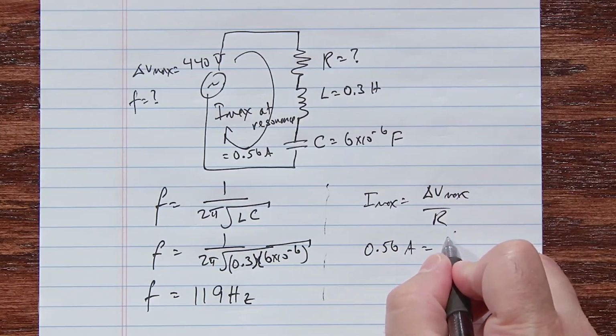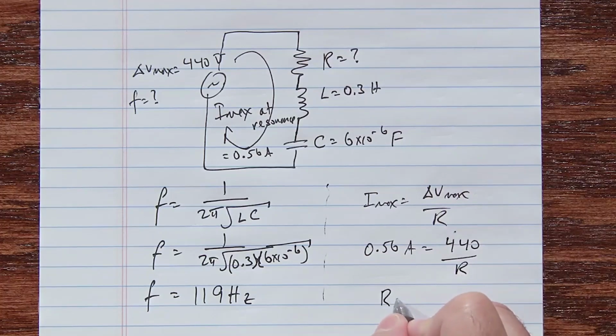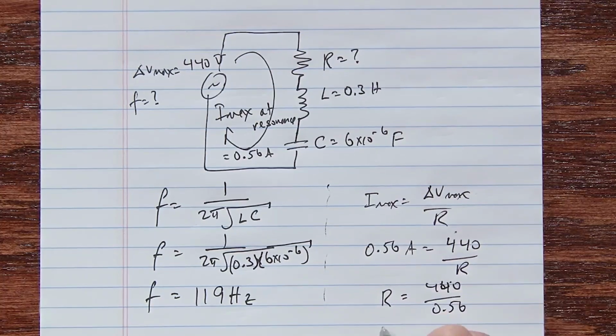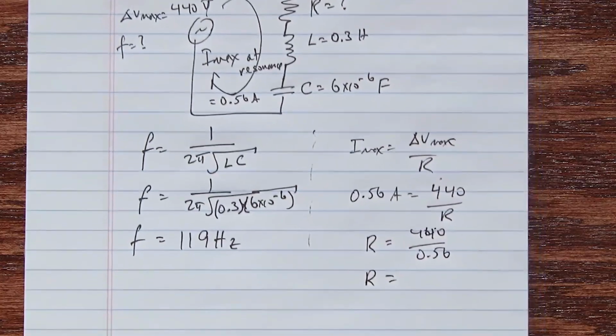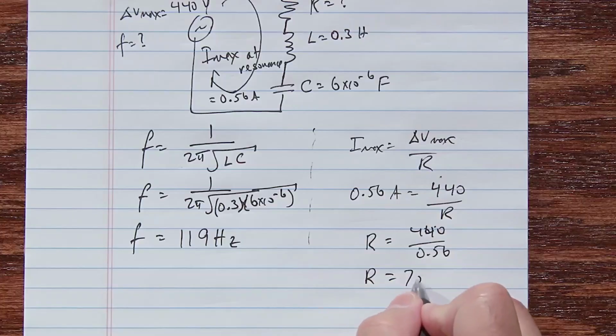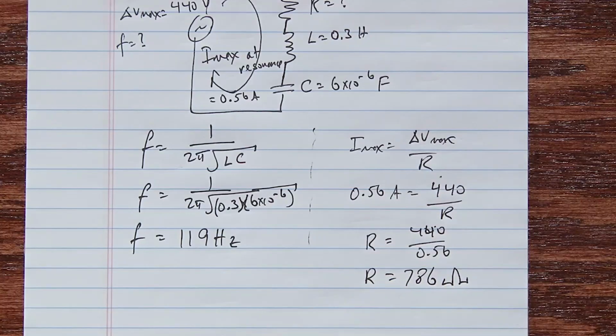Delta V max is 440 divided by R. That tells us that R is equal to 440 divided by 0.56, or the resistance in the circuit is 440 divided by 0.56, and that would be 786 ohms. So the resistance in the circuit is 786 ohms.